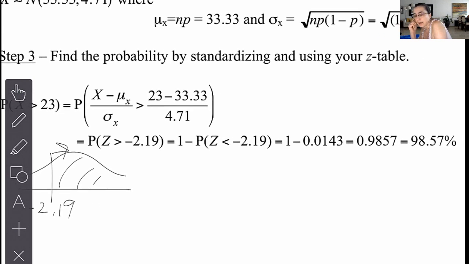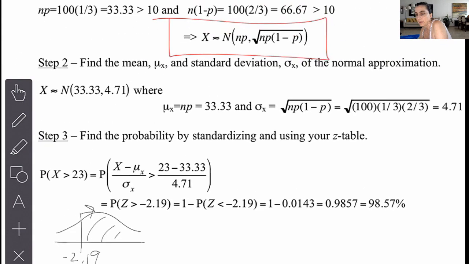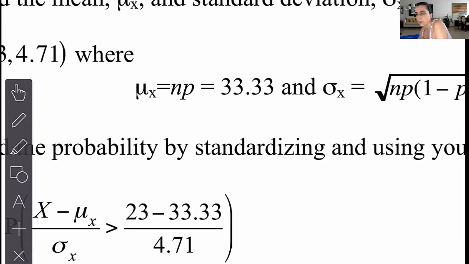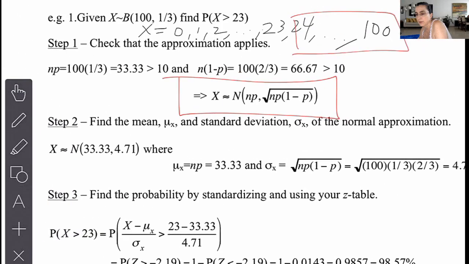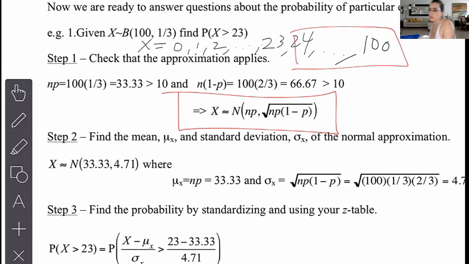So the chance that, so what is this, going back to the problem? A binomial distribution. So there's 100 trials, and the chance of seeing what we're looking for is 1/3. We're going to try 100 times.